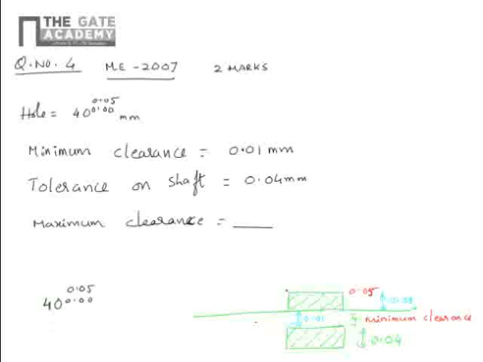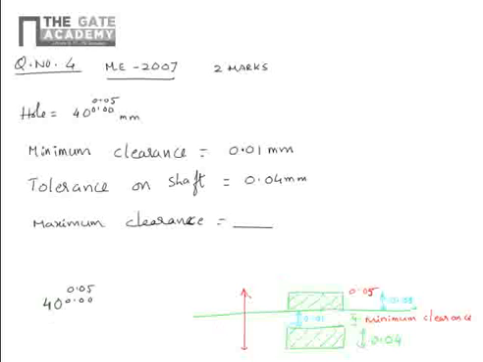So he is asking maximum clearance. Maximum clearance is the maximum difference. Minimum clearance is 0.01, maximum clearance is the maximum distance. So this is the maximum clearance, which is equal to the sum of all the values.